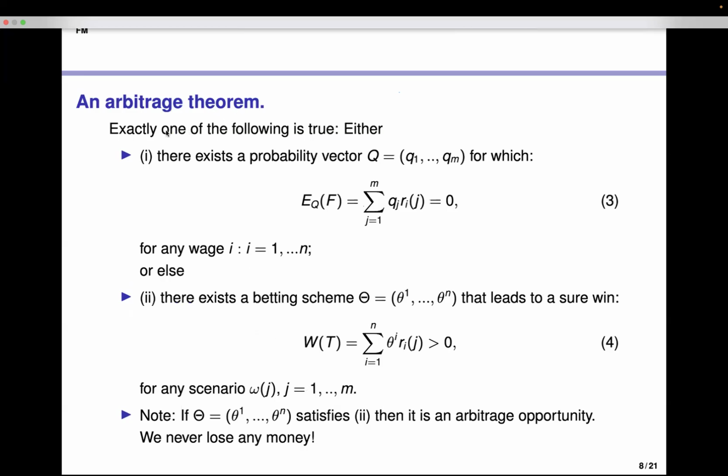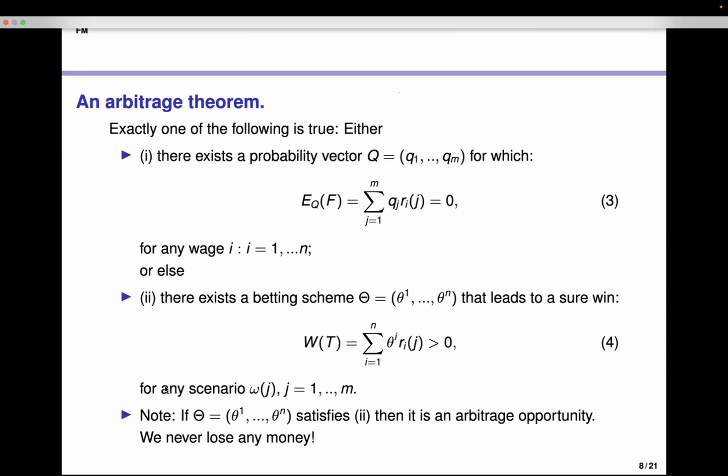This theorem states that exactly one of the following is true. Either there exists a probability vector q1, q2, ..., qm, for any wager, or else there exists a betting scheme that leads to a sure win.